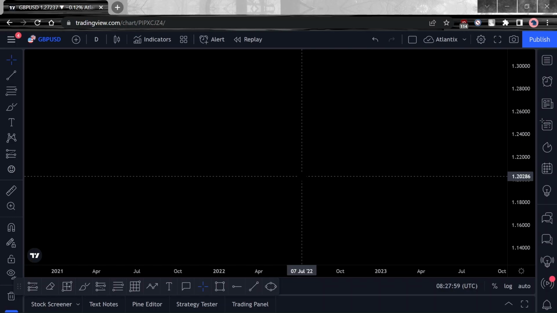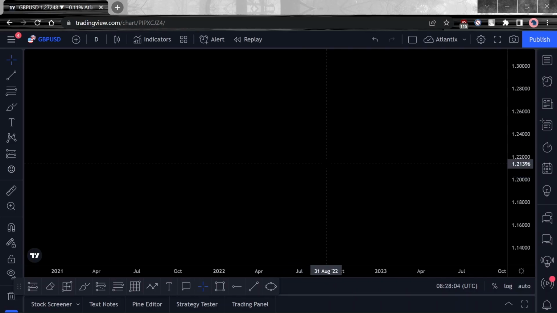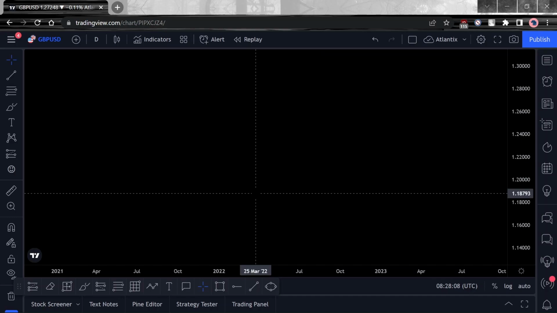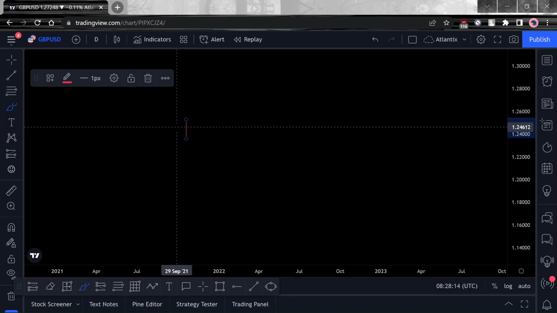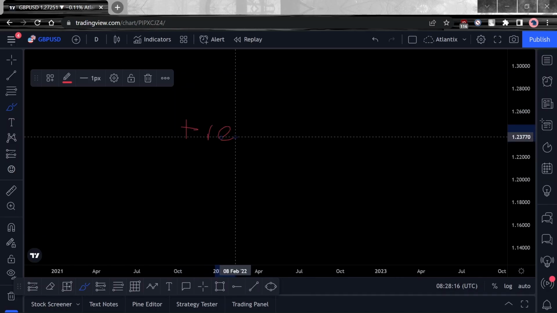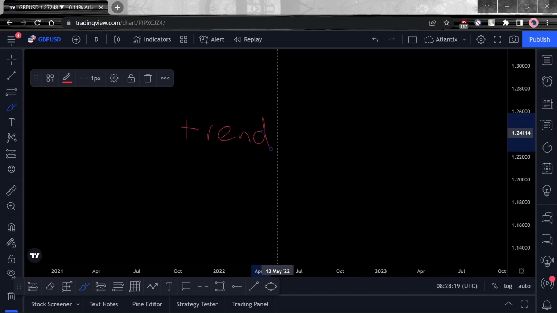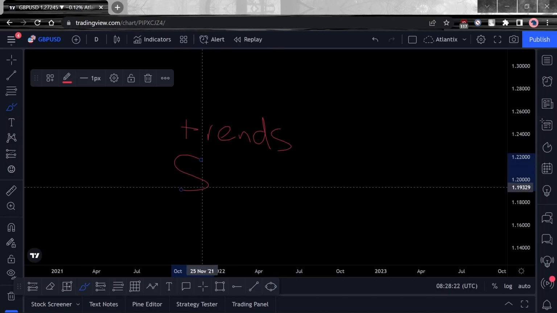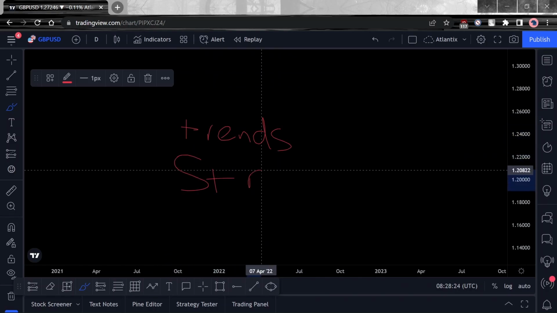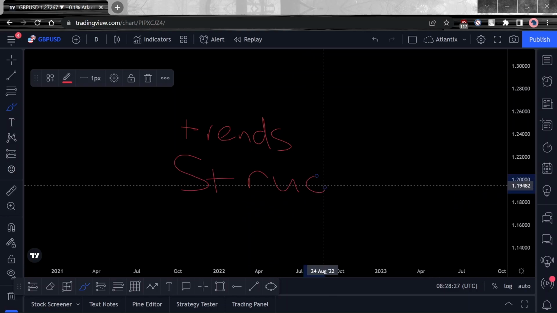So in this first section, we're going to be talking about direction, how to spot the direction that the market is going. There are two main things that we use to spot direction. One of them is what we call trends. We basically use trends to spot direction, and then we also make use of something we call structure, right?